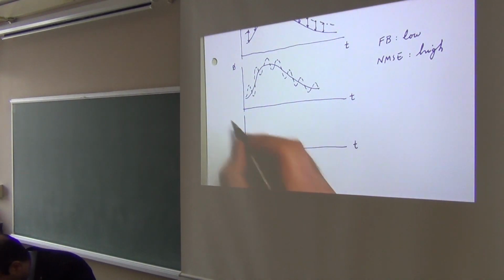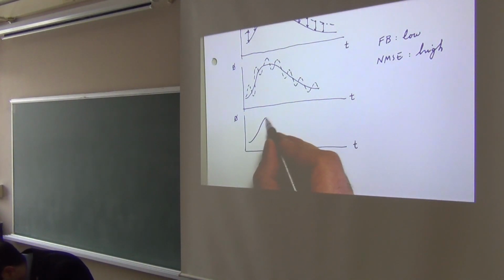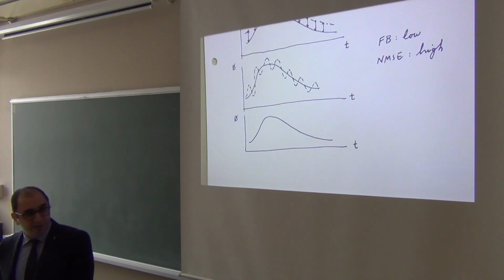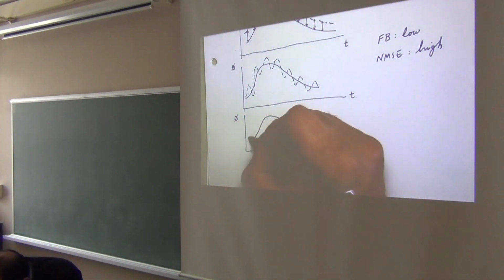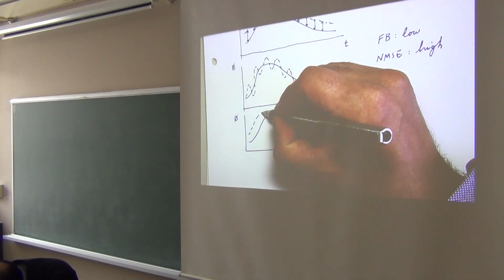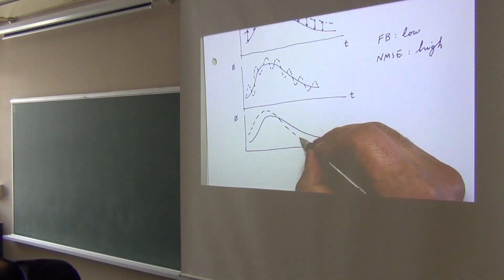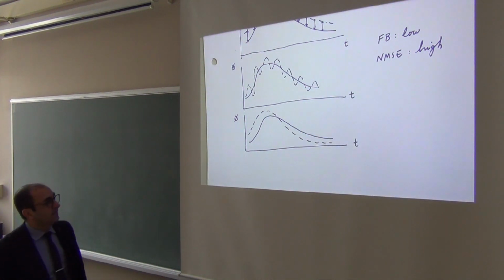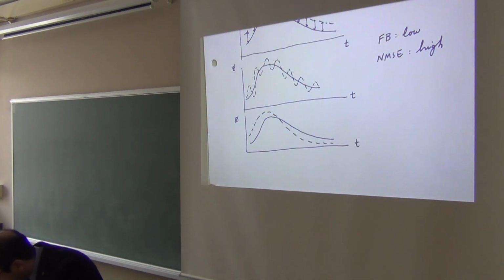Another scenario. You could have a model which starts to over-predict and then starts to under-predict. What about here? Is bias low or high?